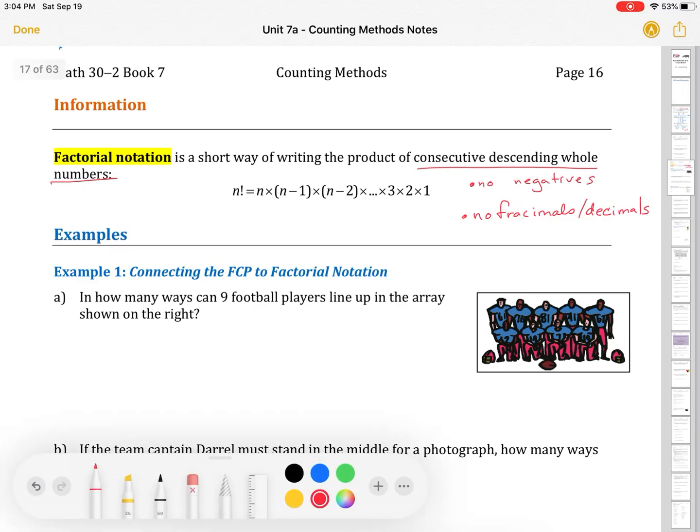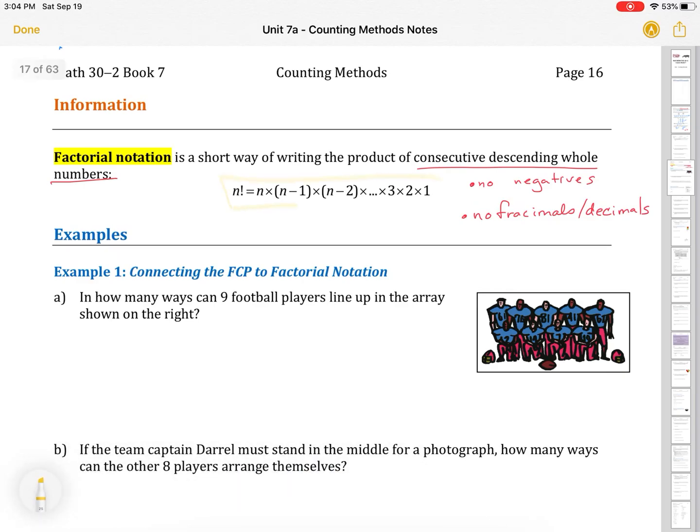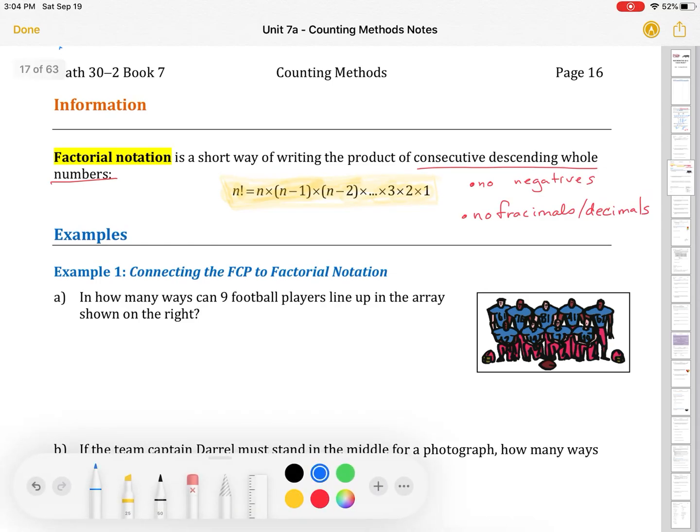They're whole numbers, okay? So we're dealing with those numbers. And this would be the formula for factorials. The n factorial is equal to n times n minus 1 times n minus 2 times ... till you get down to 3 times 2 times 1. Okay? And isn't that beautiful that your calculator can help you out with that?